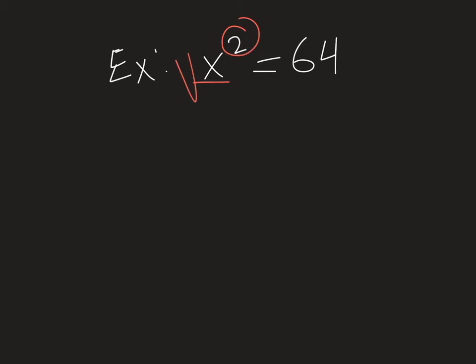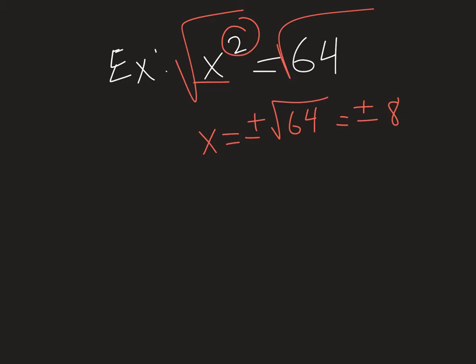So if I'm going to take a square root of both sides, x is going to equal, and this is where the plus or minus kicks in, plus or minus square root of 64. I have to also consider that maybe it's a negative number times a negative number that made the 64. In this case, 8, since 64 is a perfect square. This tells me that x equals 8 or x equals negative 8.